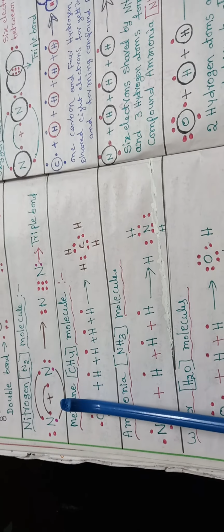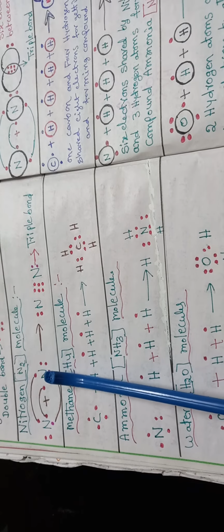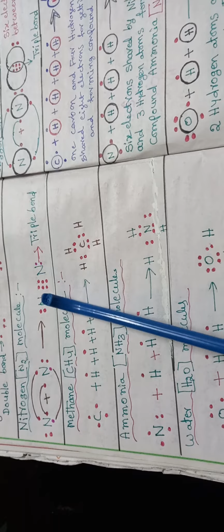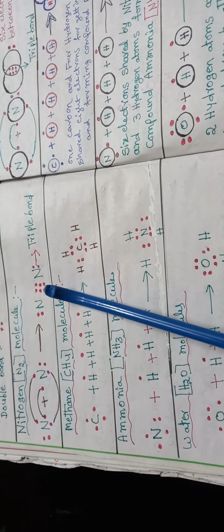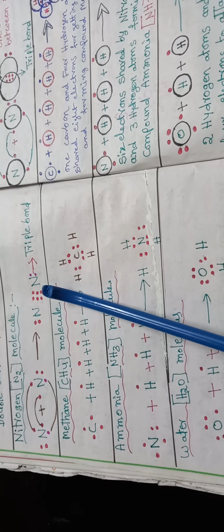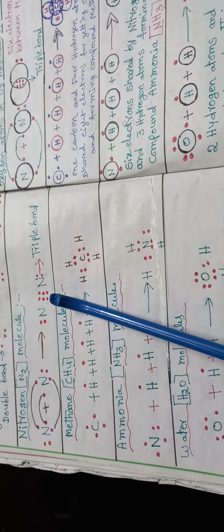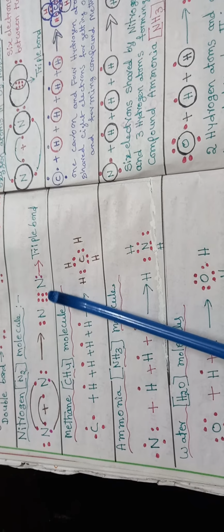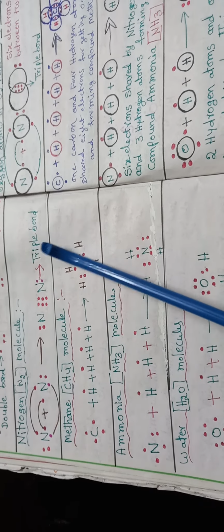These 3 electrons and another 3 electrons come between 2 nitrogen atoms. So these 6 valence electrons form the triple bond between the nitrogen atoms. So sharing the 6 electrons between the nitrogen atoms forms a triple bond.